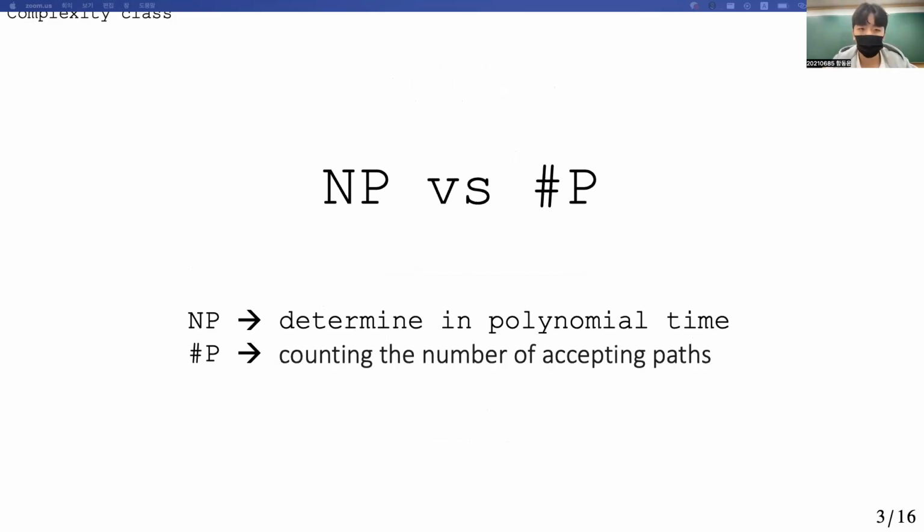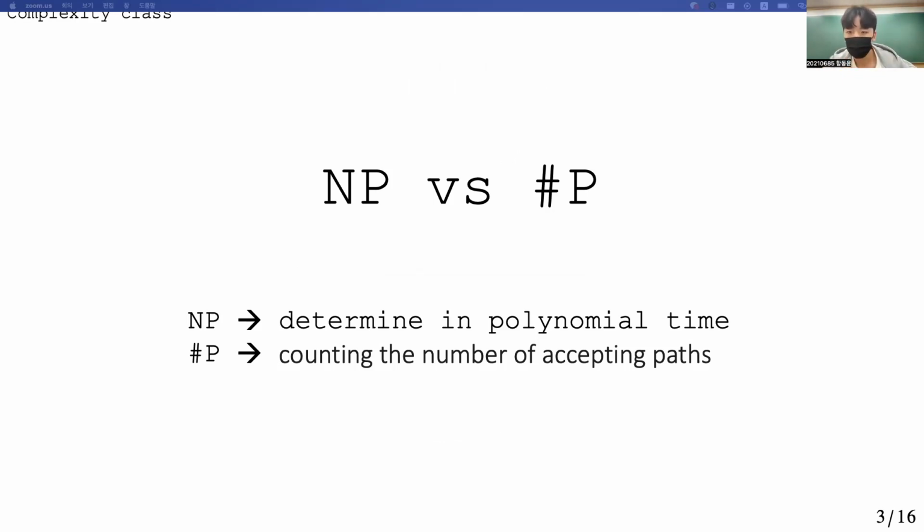I'll explain about NP and #P. NP is the set of decision problems for which the problem instances where the answer is yes have proofs verifiable in polynomial time by a deterministic Turing machine. The problems in #P are the class of problems that can be defined as counting the number of accepting paths of a polynomial-time non-deterministic Turing machine.